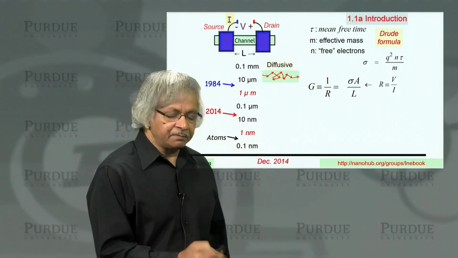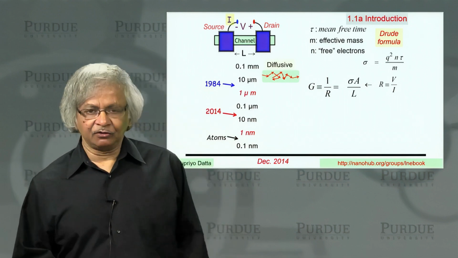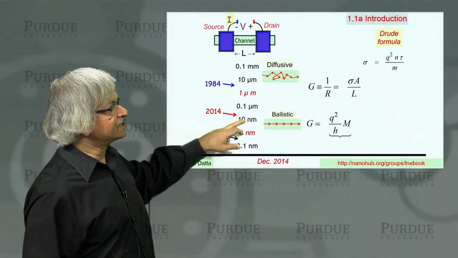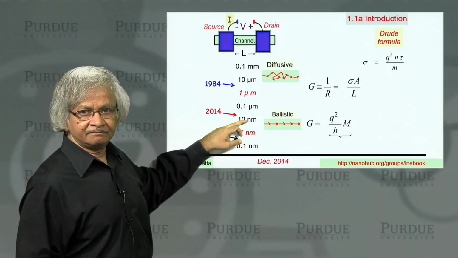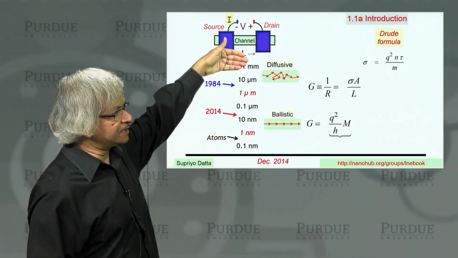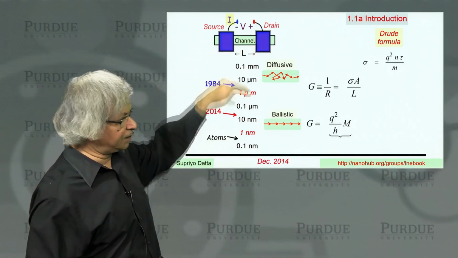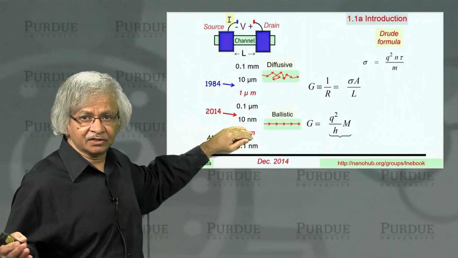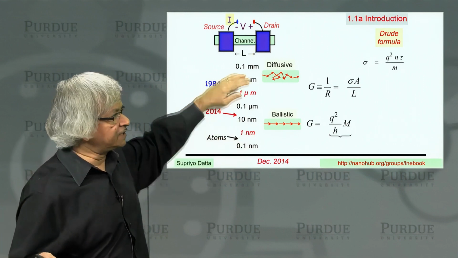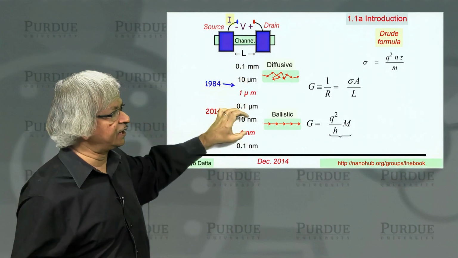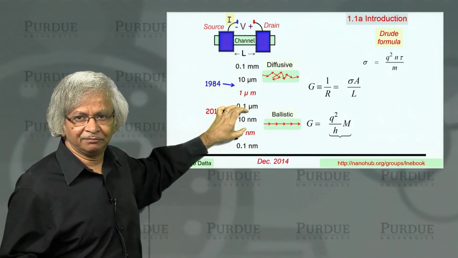Okay? The perspective we will have in this course is we'll actually start from what happens in small devices. So usually what happens is historically our understanding progressed from the top down. Right? Because 20 years ago, devices were up here and no one had any idea what the resistance of a very short conductor would be.